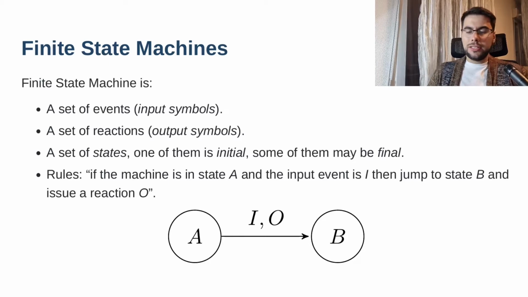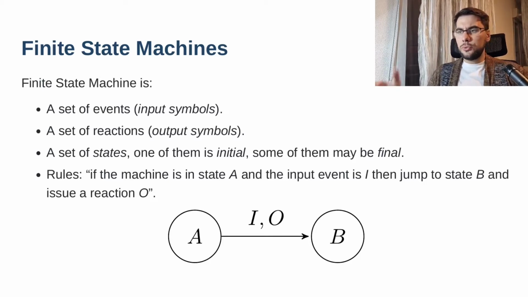The computations are considered complete if all input events happened and we ended up in one of the distinguished final states. And the outcome of the execution can then be encoded by which exactly final state we arrived into, which final state was the last.